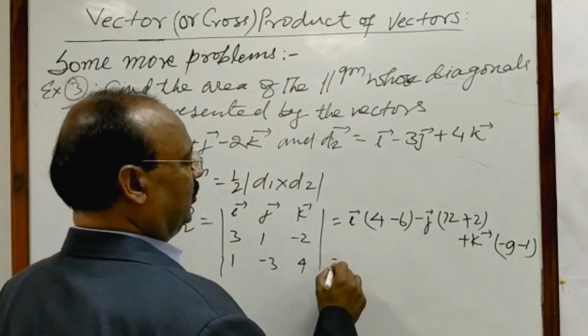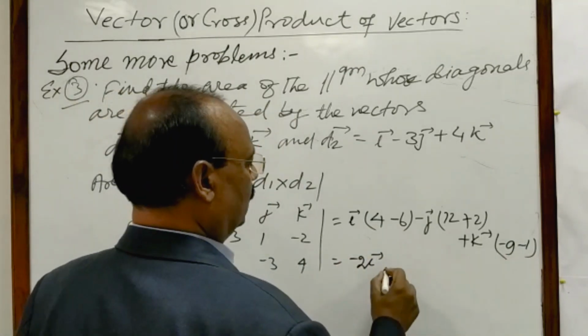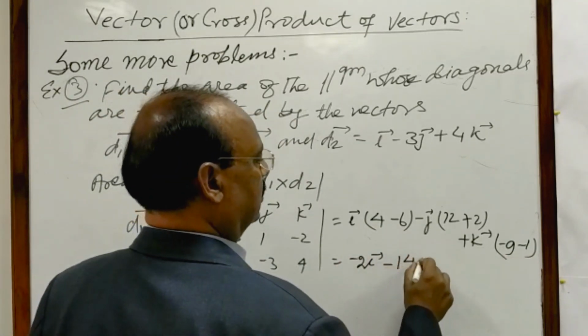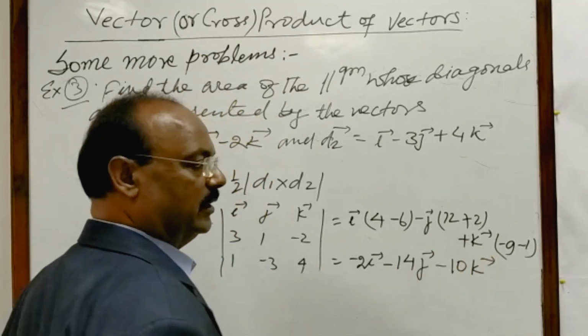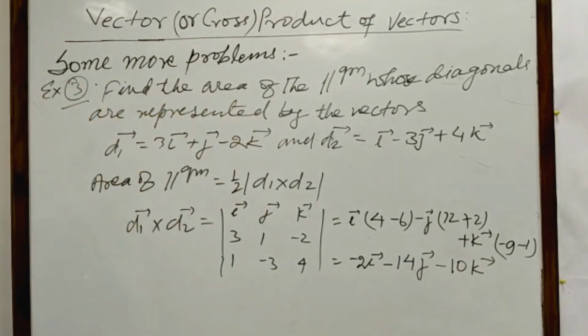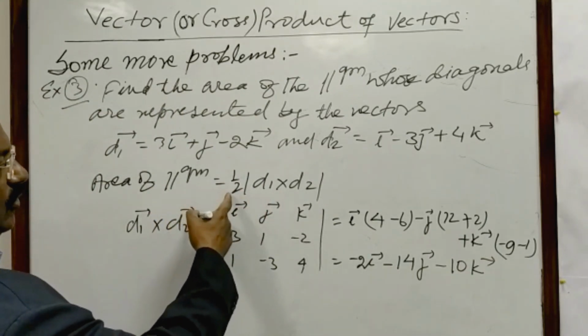So finally we are getting minus 2i minus 14j minus 10k.